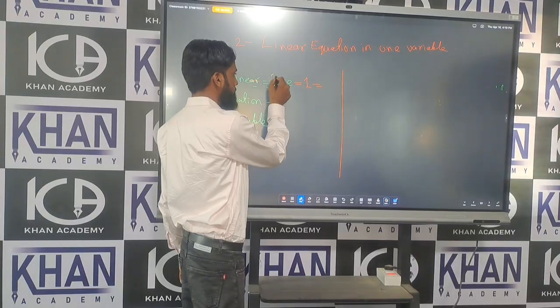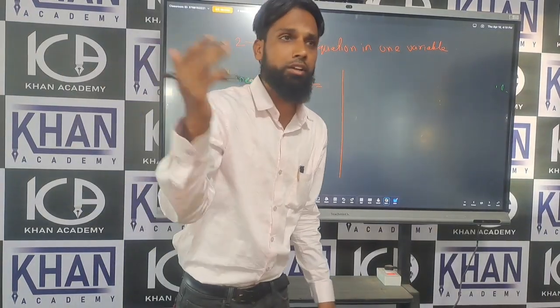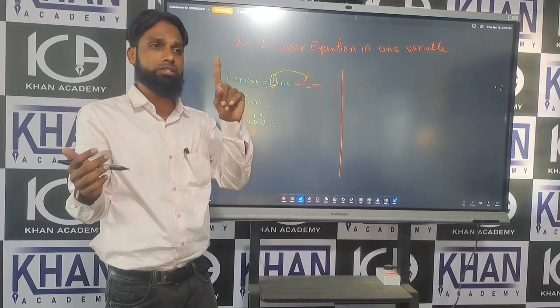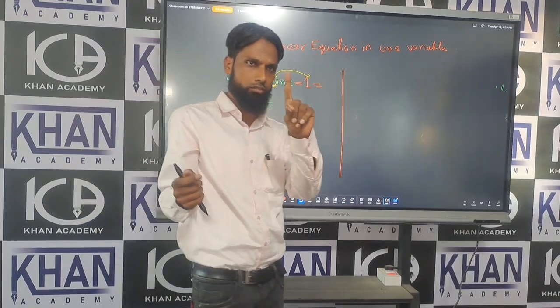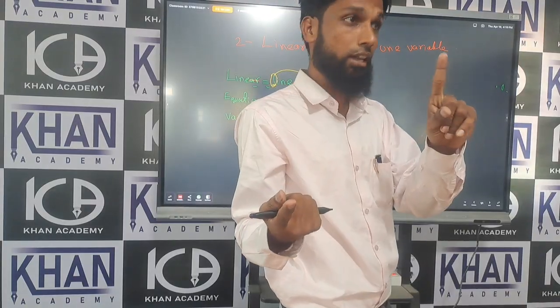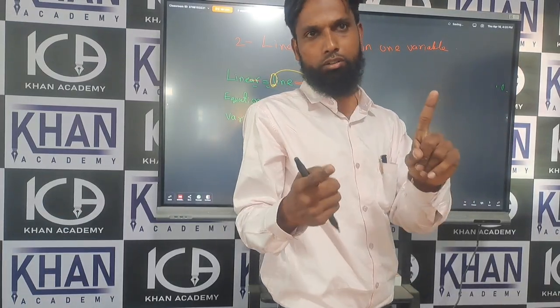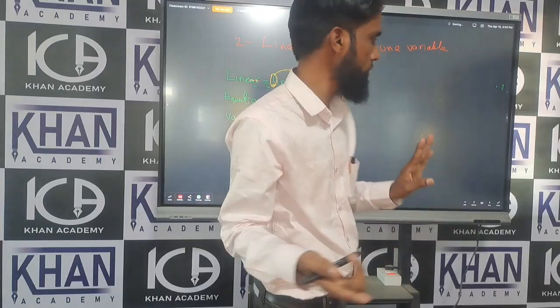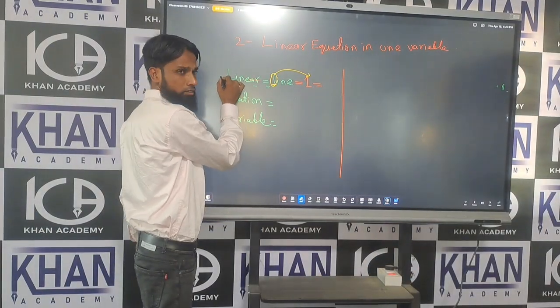So what do you mean by degree is 1? If the variable's degree is 1, we will get a line. So this is the concept related to linear. Did you understand? Yes.